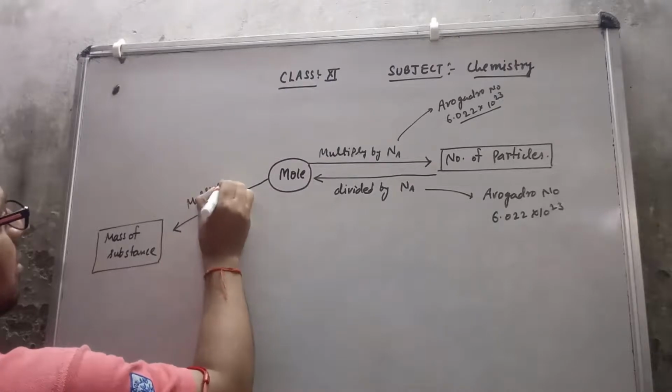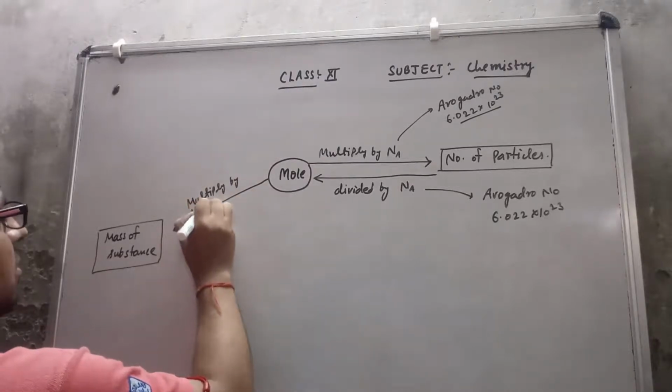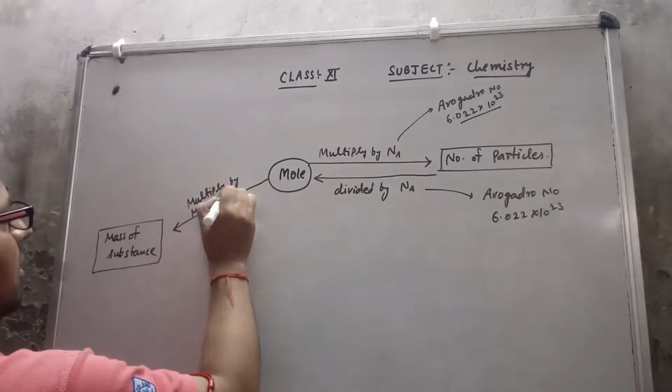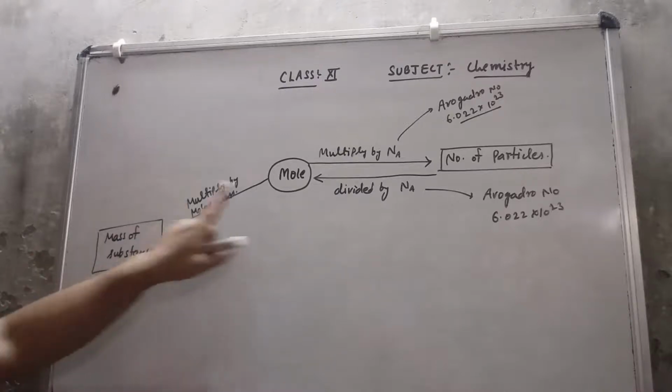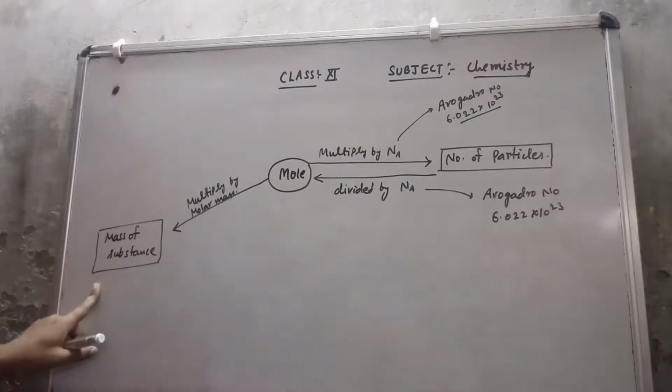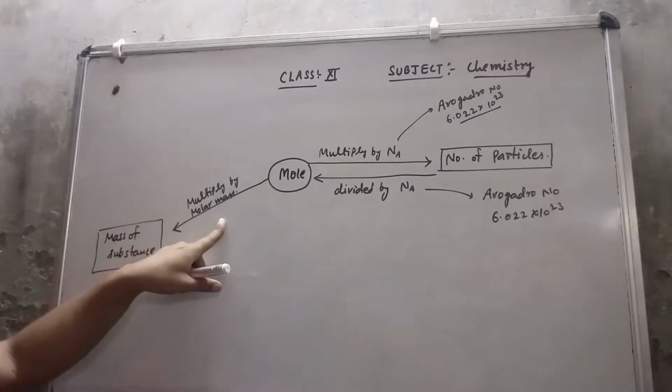If a molecule is there, I will use the molar mass. If an atom is there, I will use the atomic mass. So if I want to convert the mole into mass, I will multiply by the molar mass or atomic mass, or whatever mass they have given.